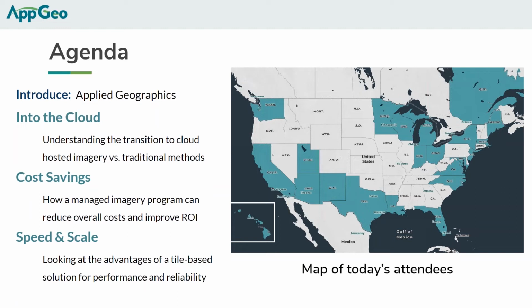We'll go more in depth into some of the cost savings, how moving to an imagery program such as this can really reduce your costs and improve the return on investment you're making into your program, and also some of the speed and scalability that comes with the cloud transition. So we'll look at the advantages when it comes to ease of use, ease of access, and of course, performance. Just taking a look at who we have on the webinar today, a pretty great audience from all around the country. So we thank you for making time out of your busy schedules to join us today.